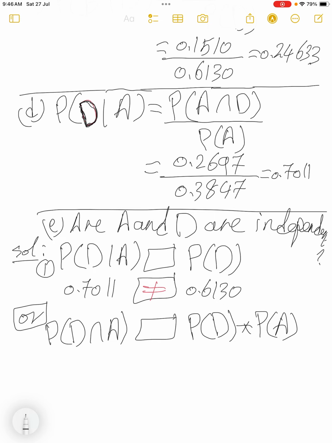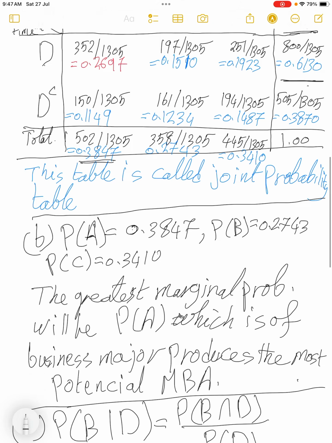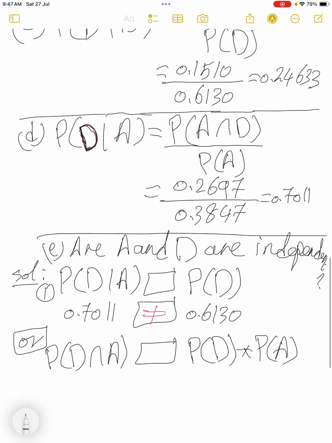Here, the probability of D intersection A from the joint table is 0.2697.